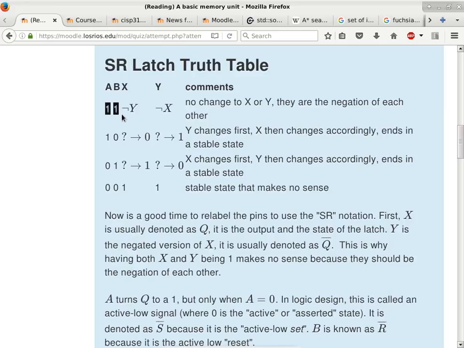Okay. But the first row is why the SR latch is a latch. Because once you have used one of these two rows to set the XY pin to be a 0 or 1, when you specify 1, 1 as the input, it will just maintain the output of Q and Q bar. Is that okay?